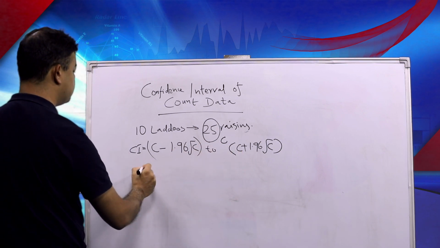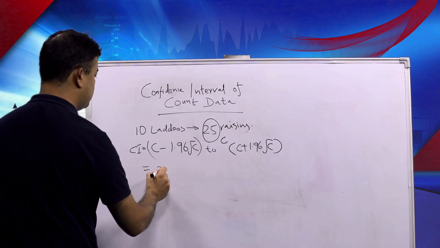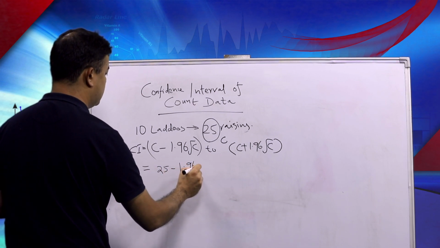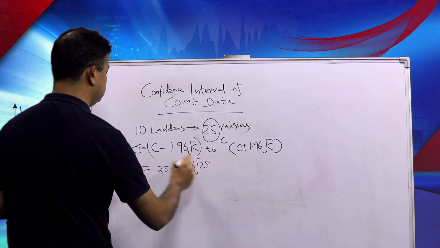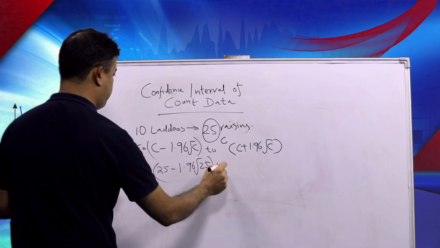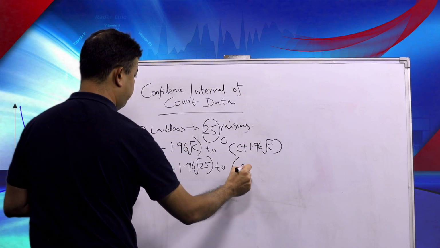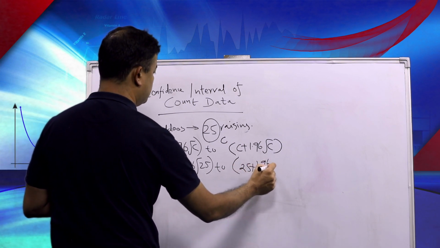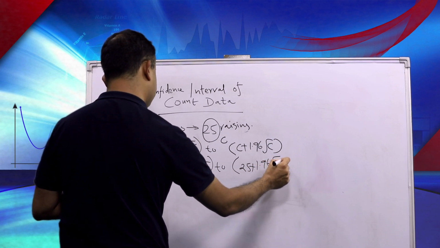So, let us substitute and see that C is 25. So, 25 minus 1.96 root 25 to again 25 plus 1.96 into root 25.